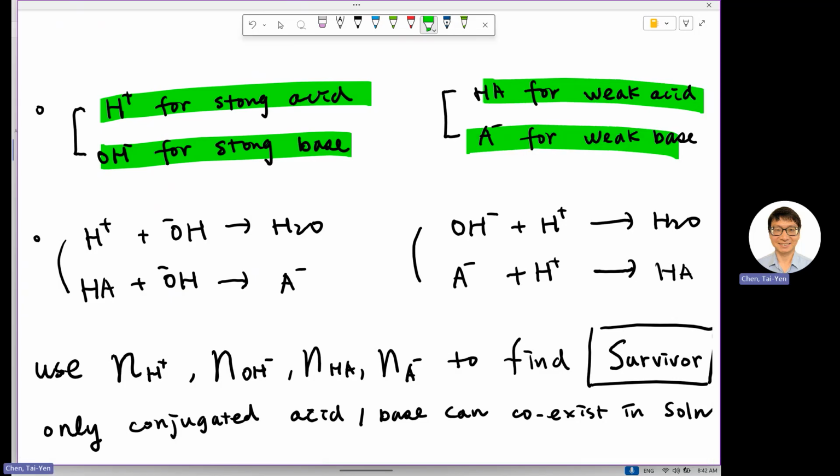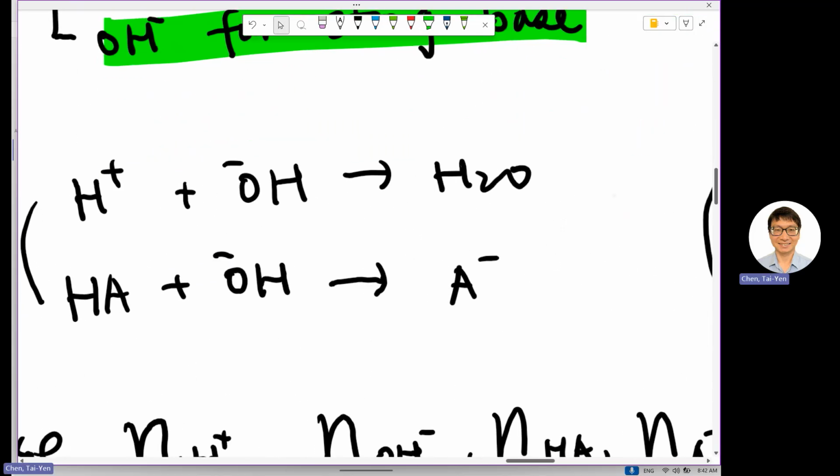We use H plus to represent strong acid, OH minus to represent strong base. For the weak acid, we use HA. For the weak base, we use A minus. The reason is so that you can see it better: they're conjugate acid and base pairs. So you need to get used to all these expressions.